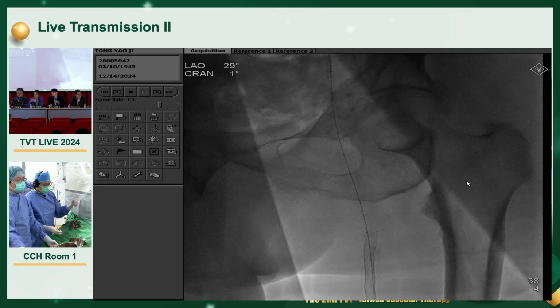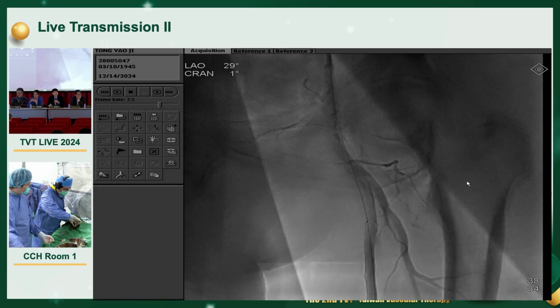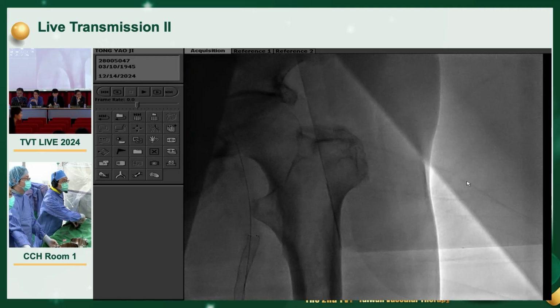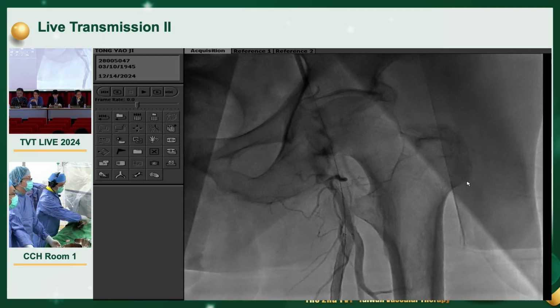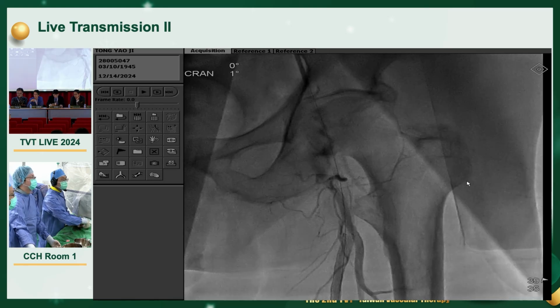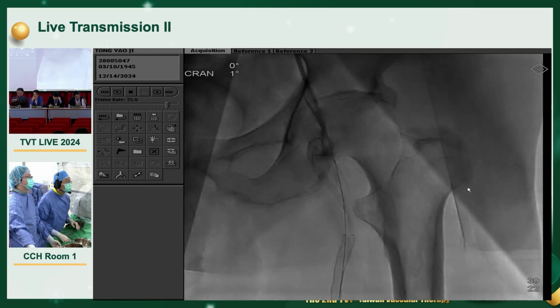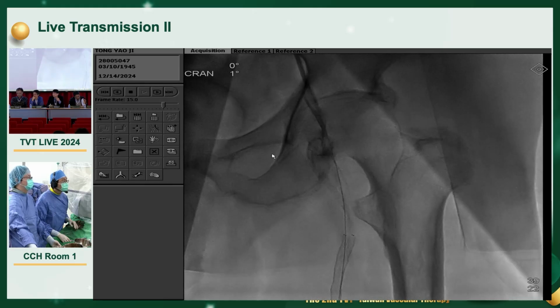Frontal view, to here. Wait a moment, I will check angio again. 100. From this view, we can see the ostium of the profunda seems to be moderately diseased.